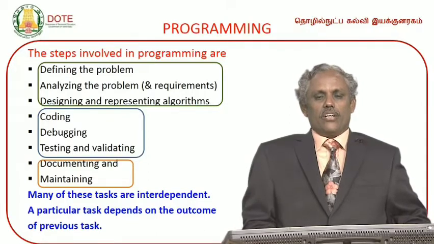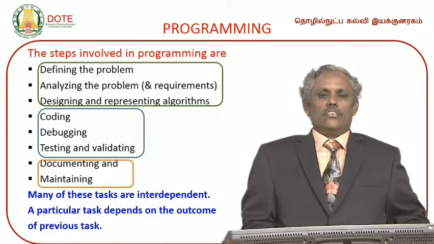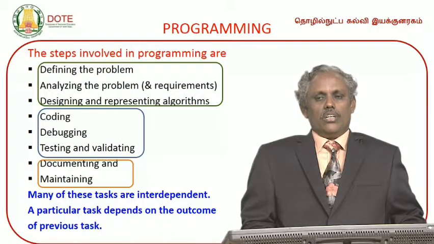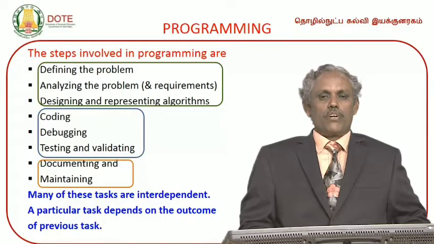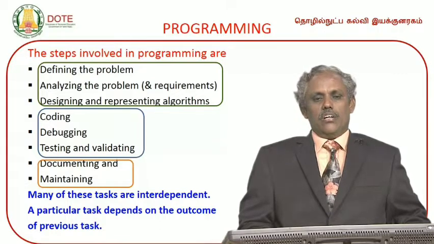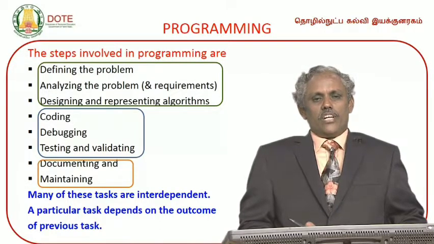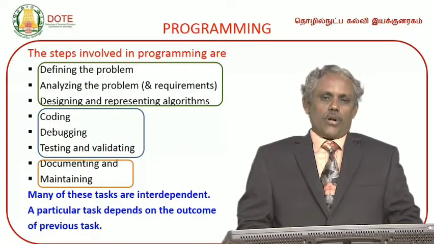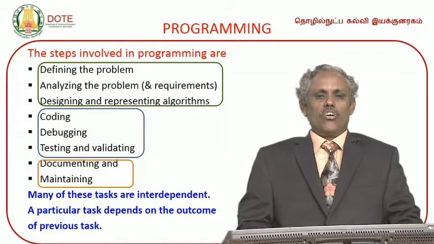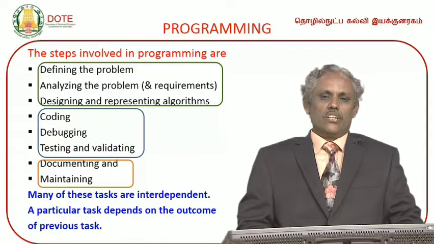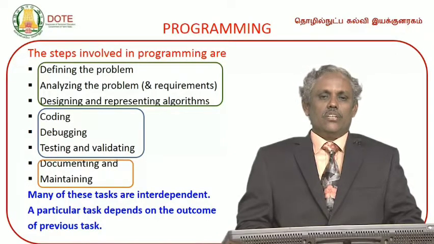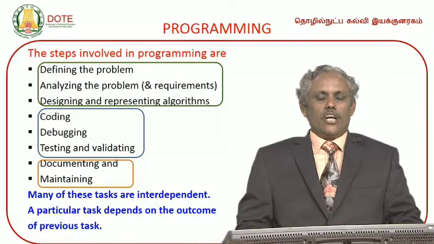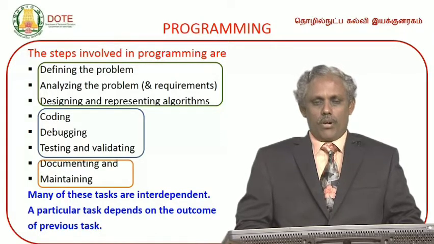So, programming needs the following steps. The entire steps are called the program development cycle. There are three stages in the program development. The initial stage involves the problem definition, analyzing the problem and its requirements, and designing a method to solve the problem.